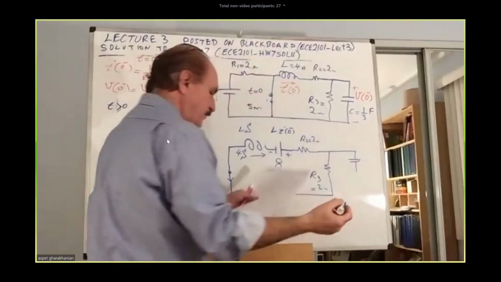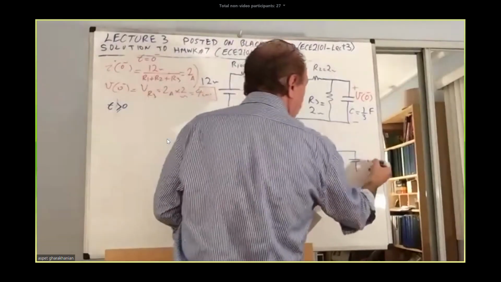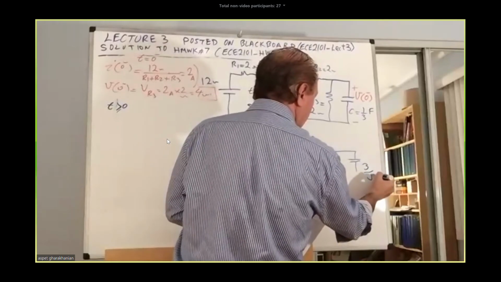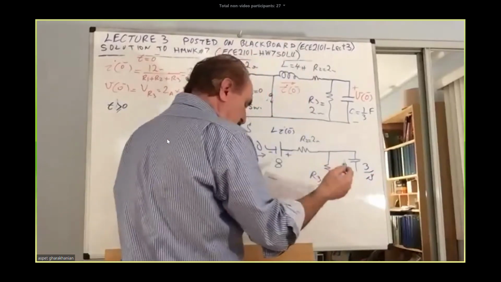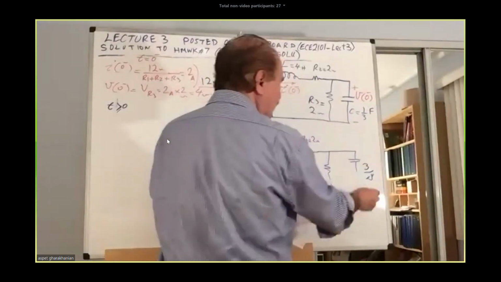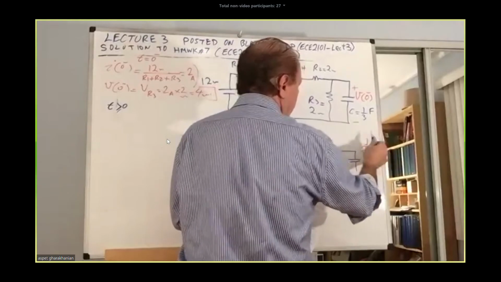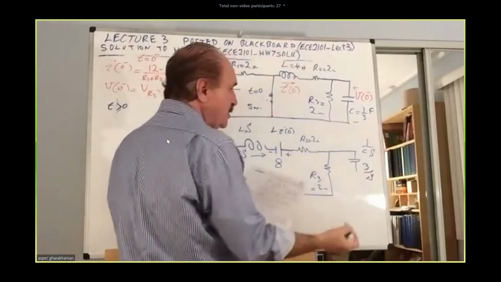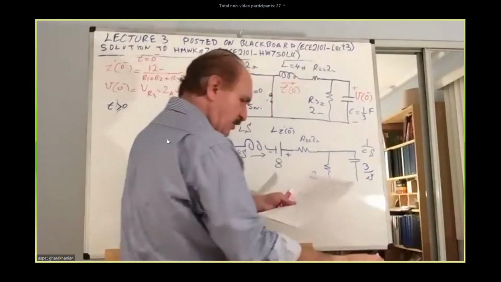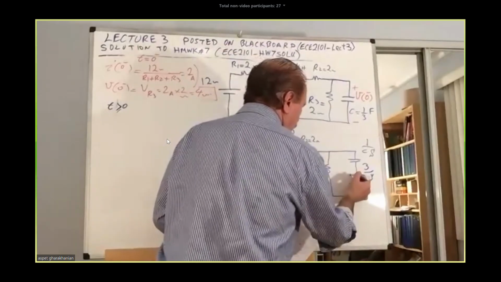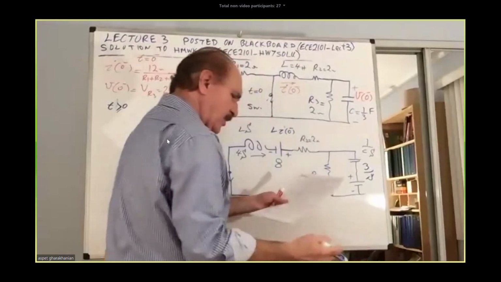Then you will have the capacitor. For the capacitor, you can account by 3 over S. This will be the impedance of the capacitor. Excuse me. Impedance of the capacitor. This is 1 over CS. And then it's the series voltage source here, plus, minus.